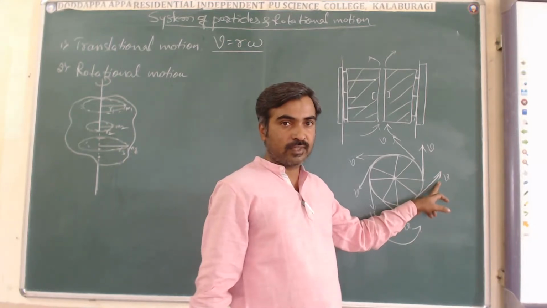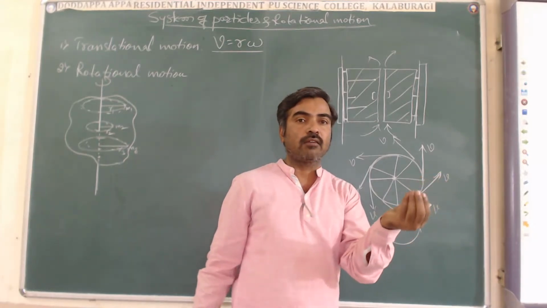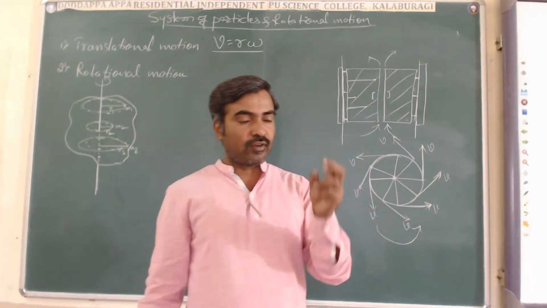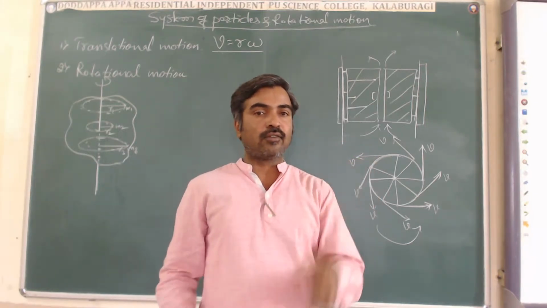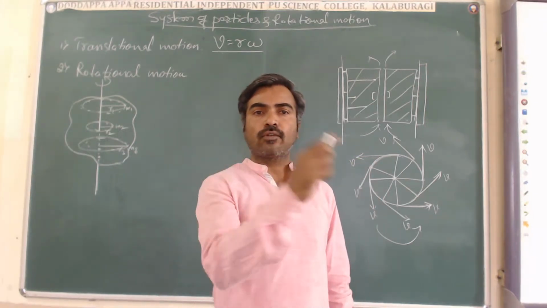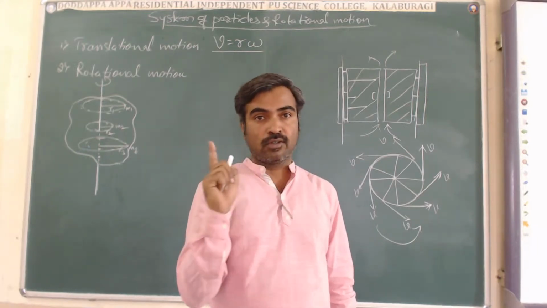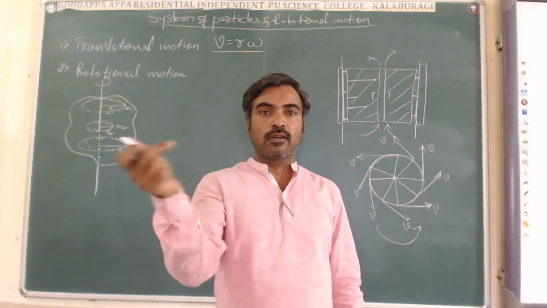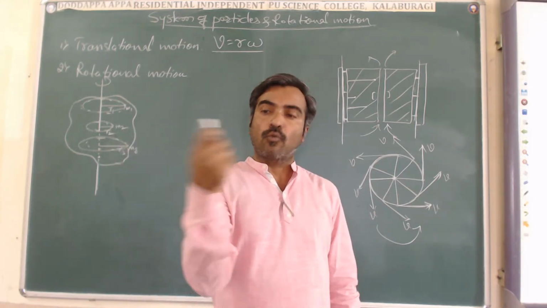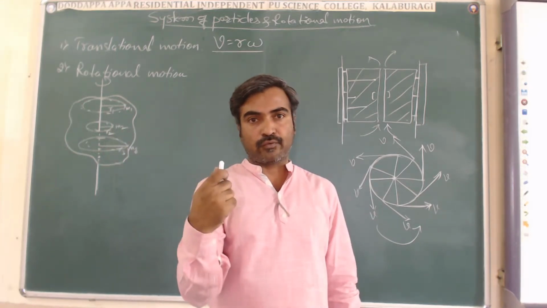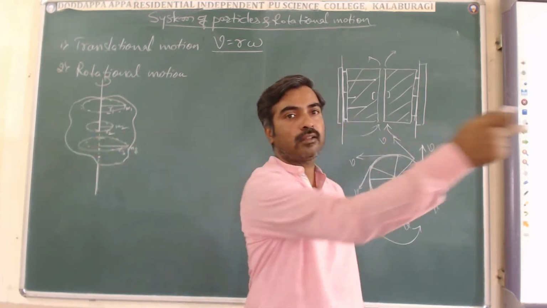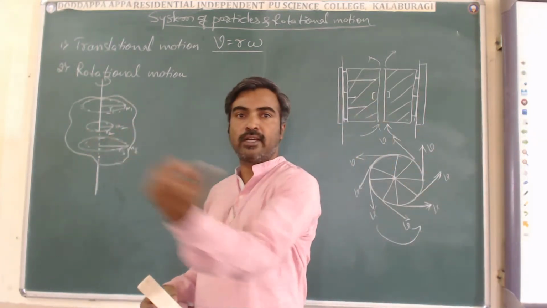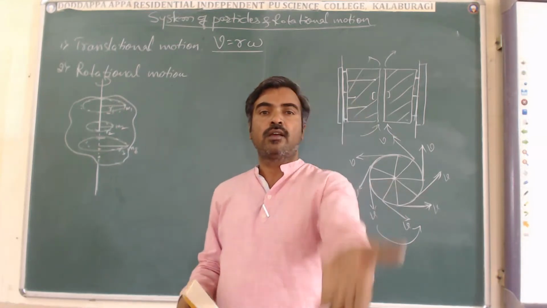It is similar to playing a simple game. If you tie a stone to a thread and rotate it in your hand, it will rotate, rotational motion. But at a certain point when you leave the thread, it will not rotate. Instead, where exactly you leave it, at that point, either it will go that side, or it may go this side, or it will come towards you, or it goes away from you.